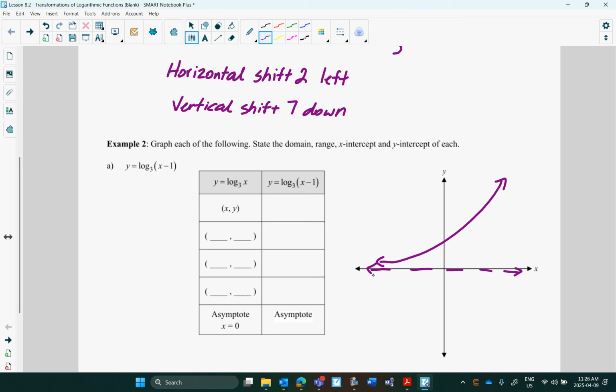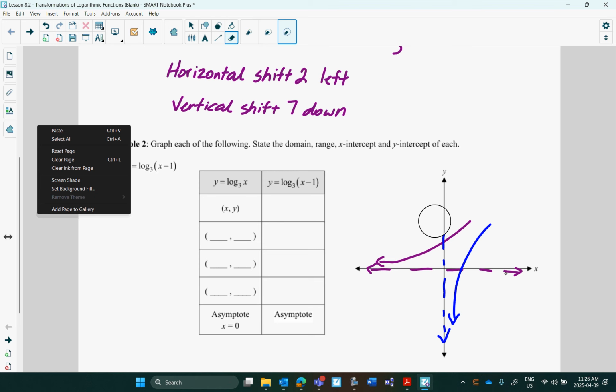We saw last class, okay, that logarithmic was a reflection, and they had vertical asymptotes, like that. So that was log, that was exponential. Okay.